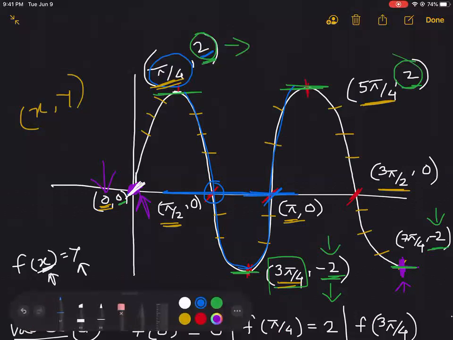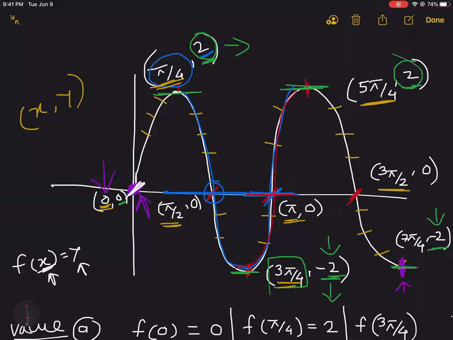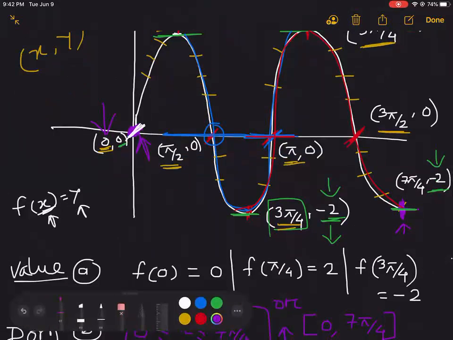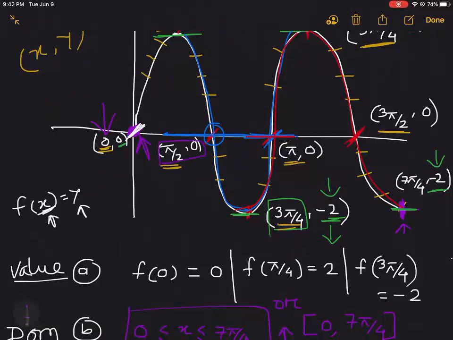Let me use a different color. There you go. Okay. Same here as well. The point at which our curve intersects the axis, right? We can actually see 3 different points like that. So our intercepts are, if we just use this color, this is an intercept, this is an intercept as well, and this is an intercept as well, right?